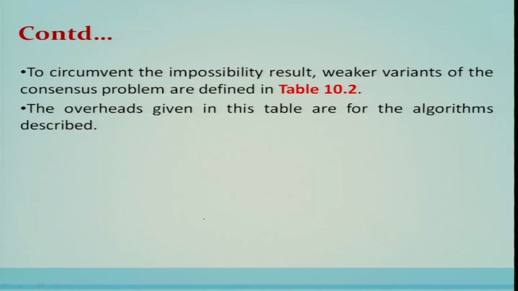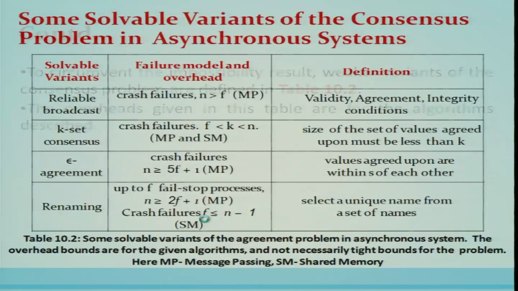To circumvent the impossibility results, the weaker variants are defined in the next table. For reliable broadcast, the failure model is crash fault, and it requires the condition n greater than f.